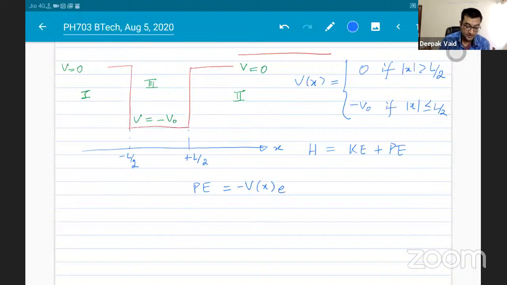So it's minus V(x) times e. This is the potential energy. What is the kinetic energy? The kinetic energy of the electron is just p squared by 2m, right? Or 1/2 mv squared, you can write it like this also.